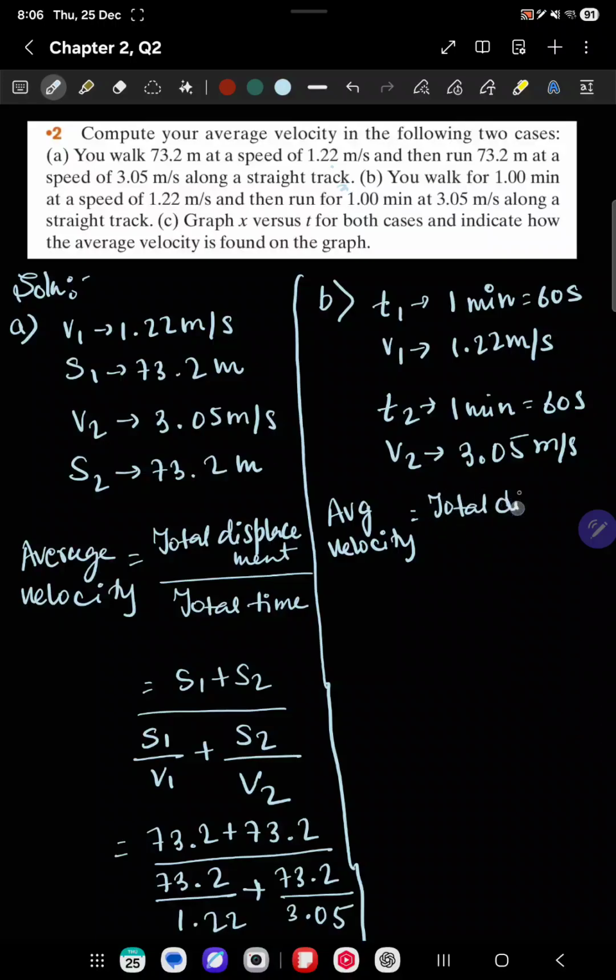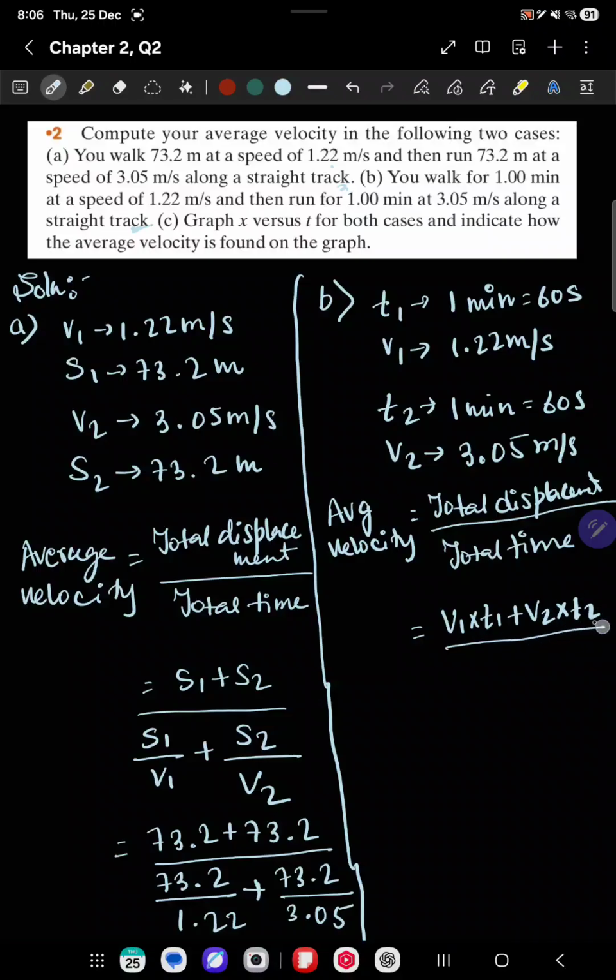So in this case also average velocity will be total displacement upon total time. Again, since it is moving on a straight track, the distance and displacement will be the same. So for total displacement we can write v1 into t1 plus v2 into t2, upon total time, which is t1 plus t2.